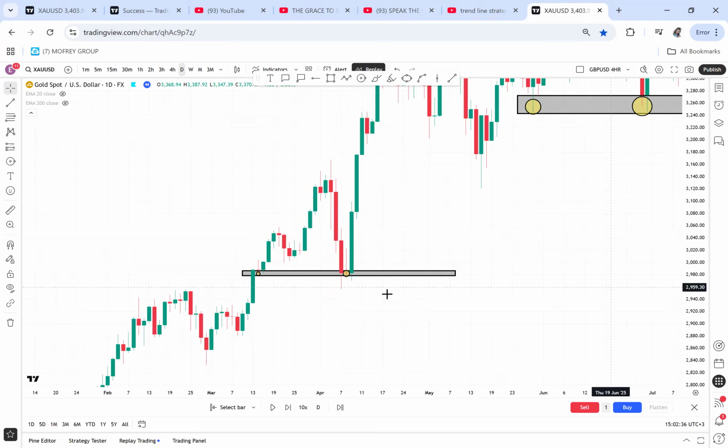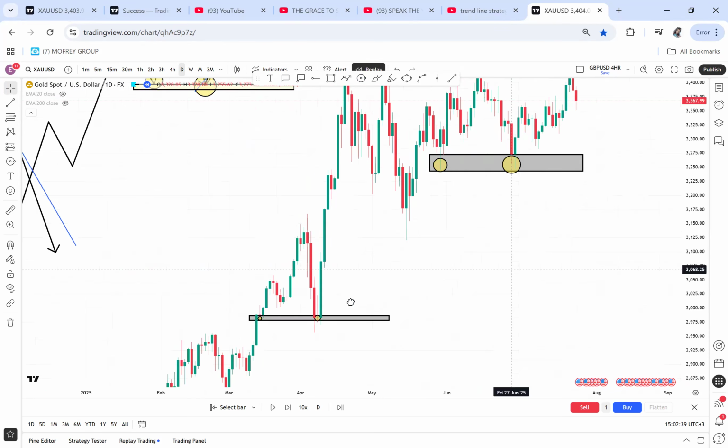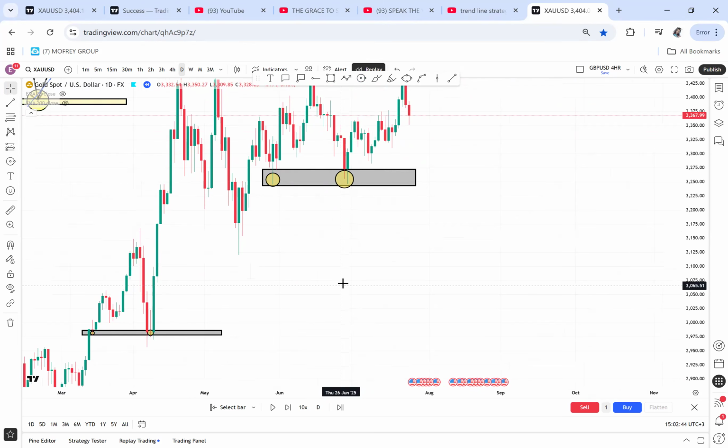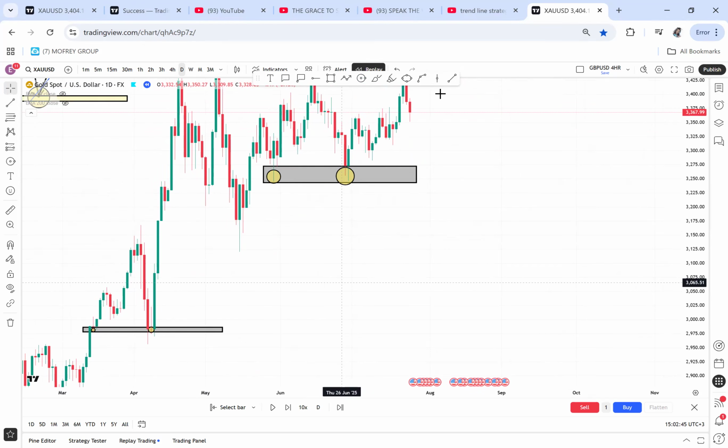With these double bottoms, I can create a trendline using these levels. The only thing I need to do is start from the first one, the one that happened earlier, and take my trendline from the highest wick.